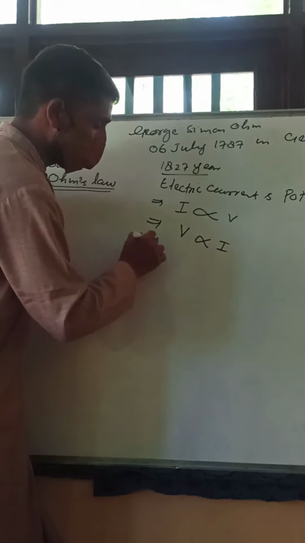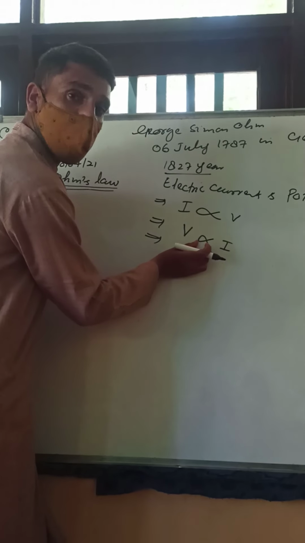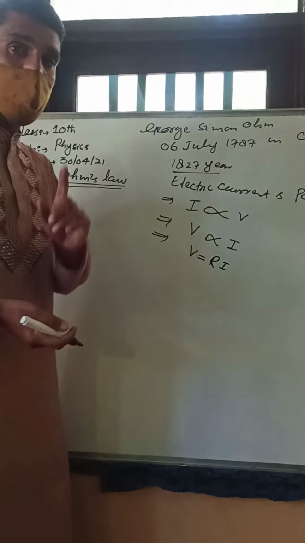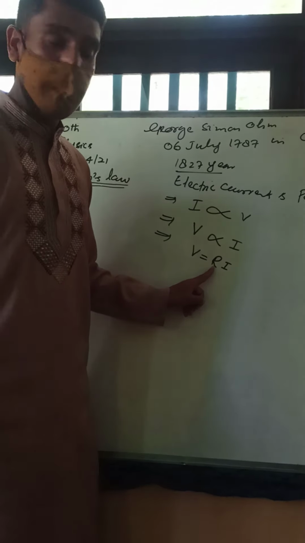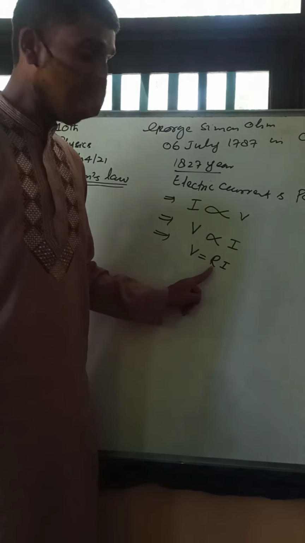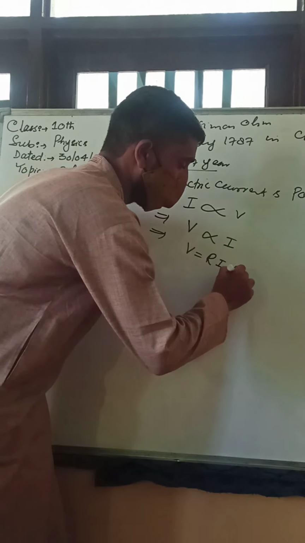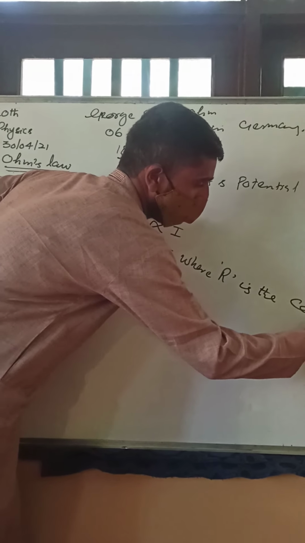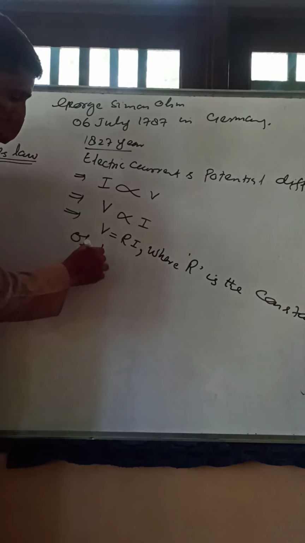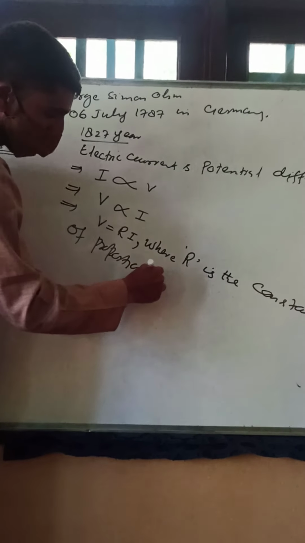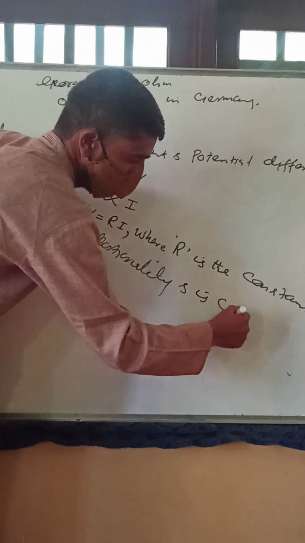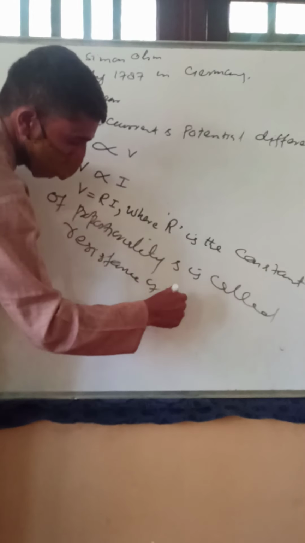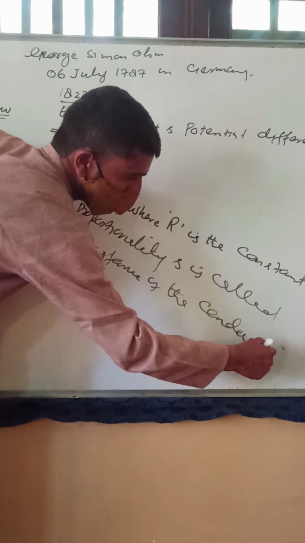Clear? Now, for further simplification, if we want to remove the directly proportional sign, I may write V is equal to R times I. Here comes a new thing, that is R. This R is a constant called the constant of proportionality and is called the resistance of the conductor.